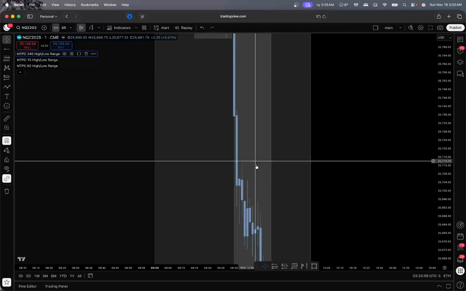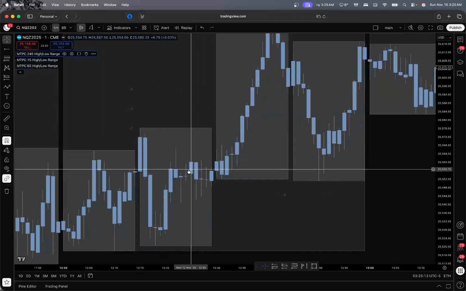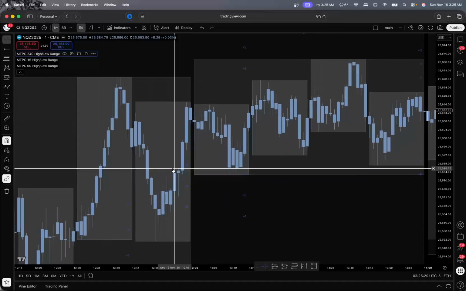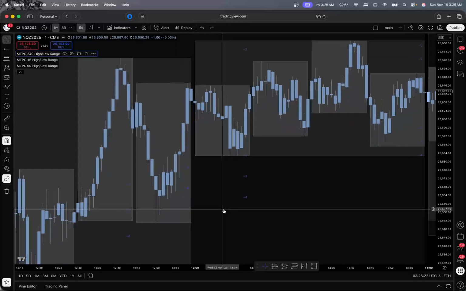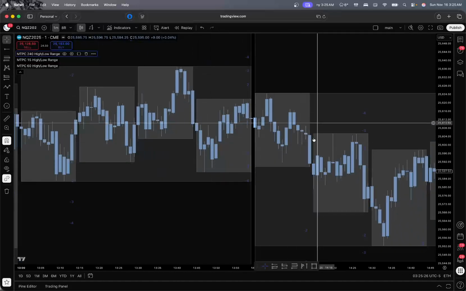Negative 3 is top tick. Negative 3 is top bottom tick, bro. Negative 3 is bottom tick. Negative nothing.